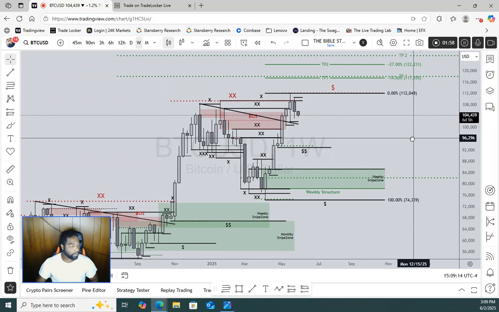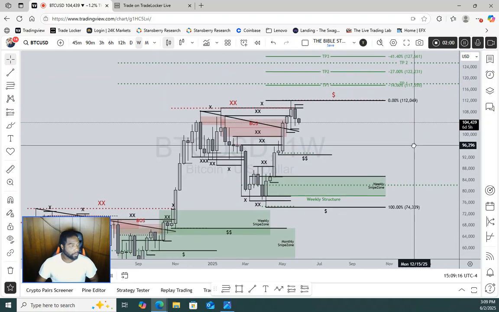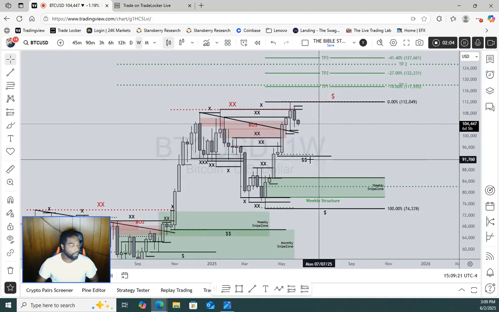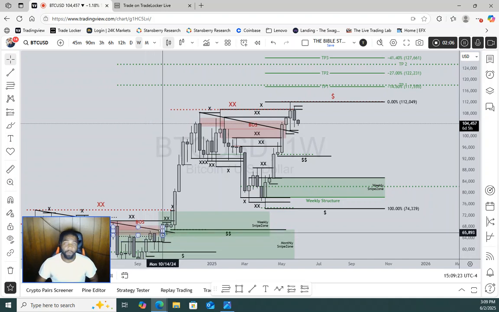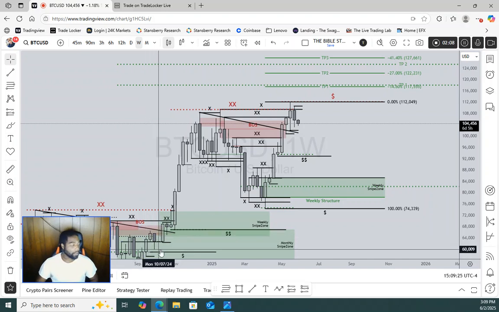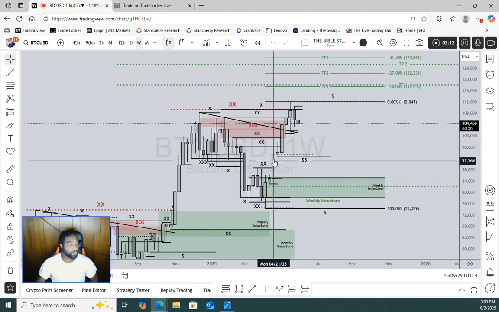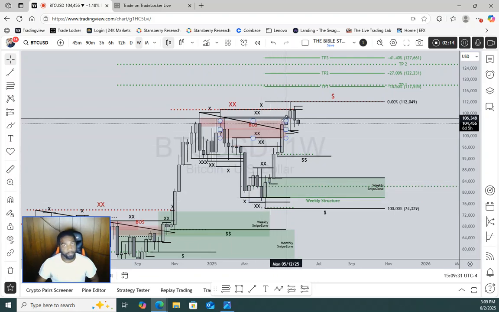So here we go. Again, remember, we know what price has done. Swing to swing, this was the retracement. We clocked it. And this was the continuation. We know, I called it.